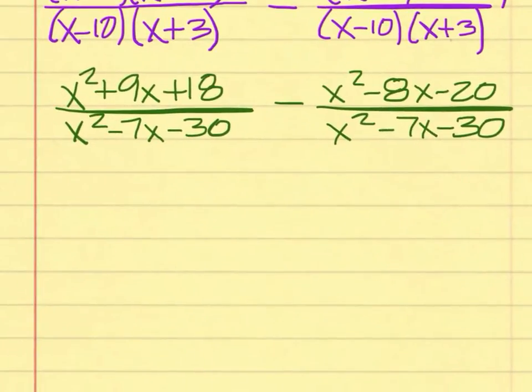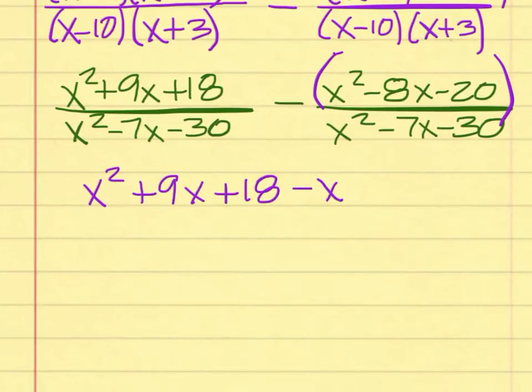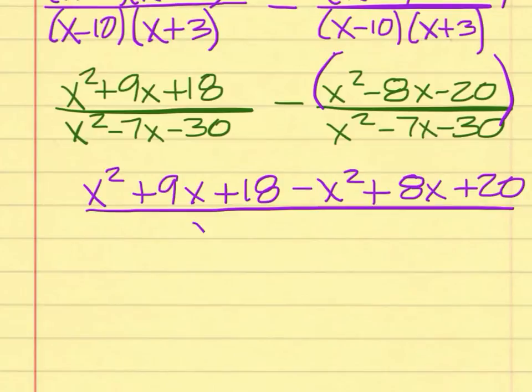Okay, now we can combine them together, but remember, this is a quantity, and you're subtracting it. So you're going to have x squared plus 9x plus 18 minus x squared plus 8x plus 20. On the bottom, x squared minus 7x minus 30.